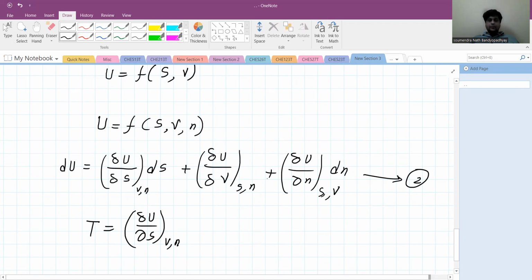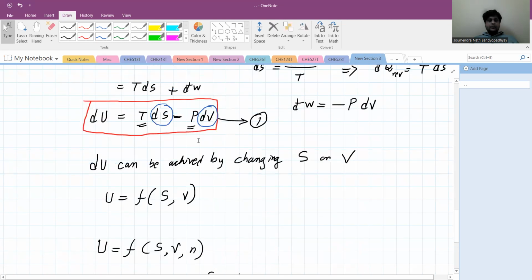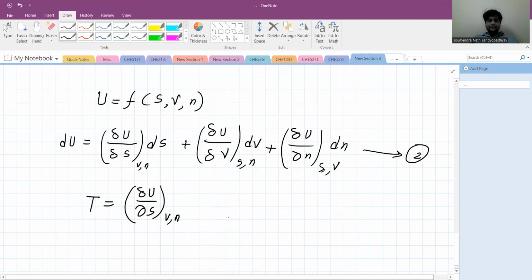Similarly, sorry, I dropped the second term. dV is associated with del U del V in the second equation. See the first equation: dV is associated with minus P, not just P but minus P. So this means minus P is nothing but del U del V at constant entropy and moles.